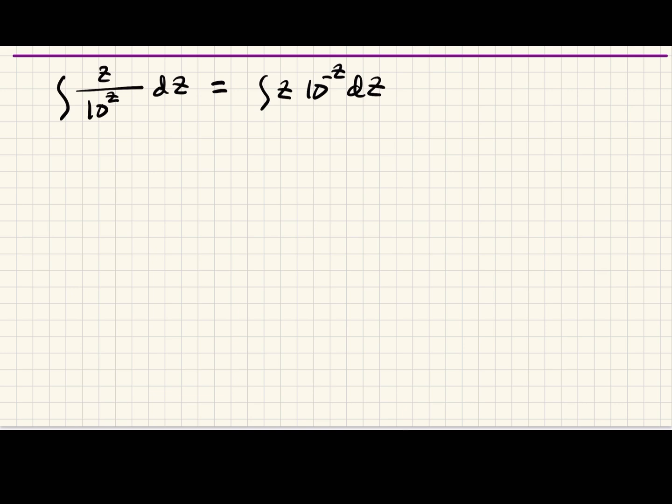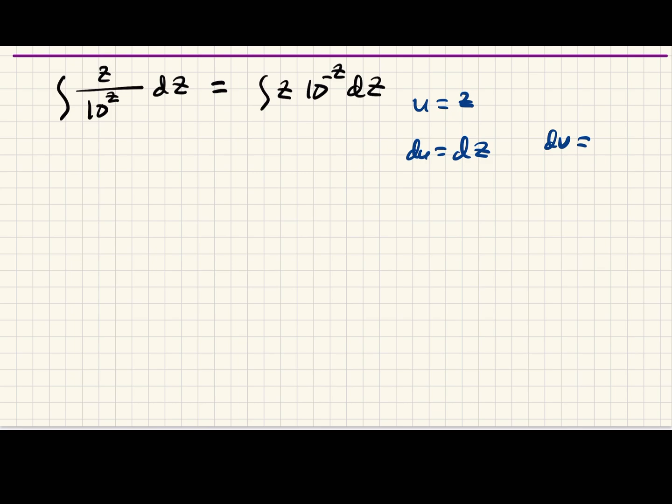All right, so here we go. We need to find a u and a dv. Okay. If I let u be z, then du would just be dz. That's pretty nice.